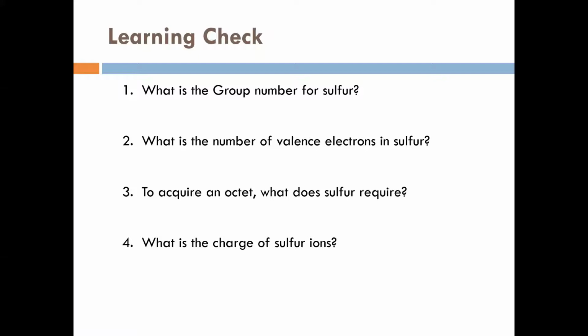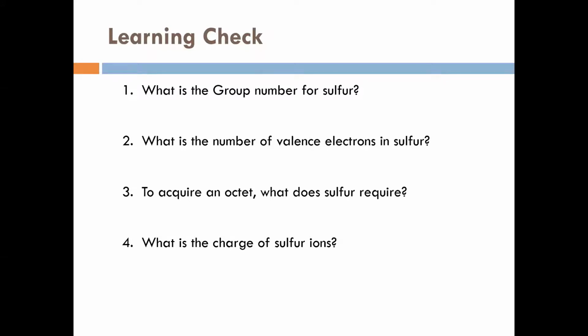It has to acquire that complete octet. Sulfur is a non-metal, so it's going to gain. And then what is the overall charge that it's going to gain? And remember, this will be negative because it's an anion, because it is a non-metal. So take a moment and do it.